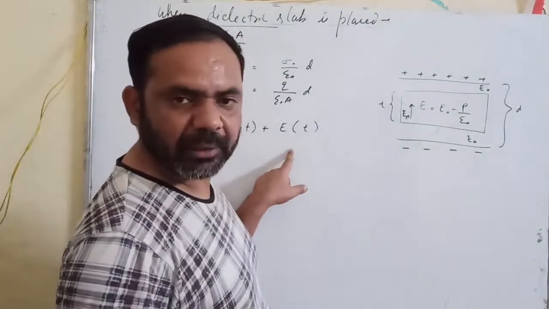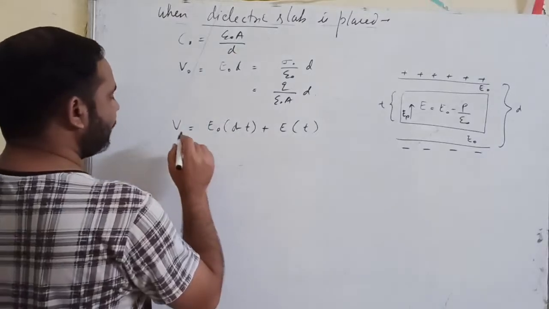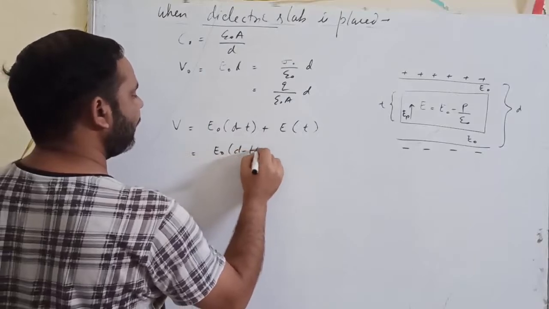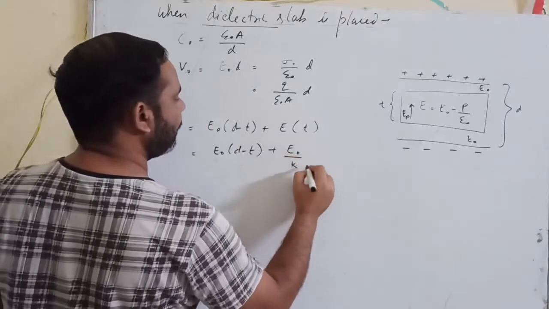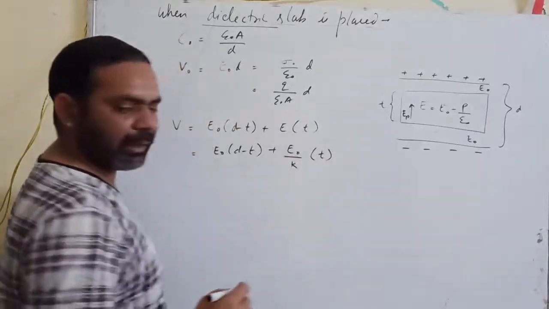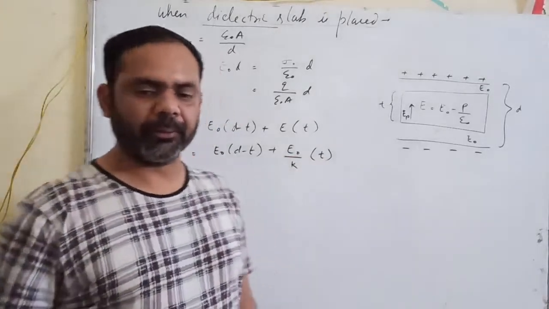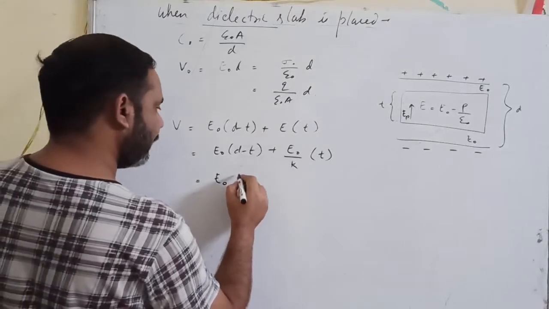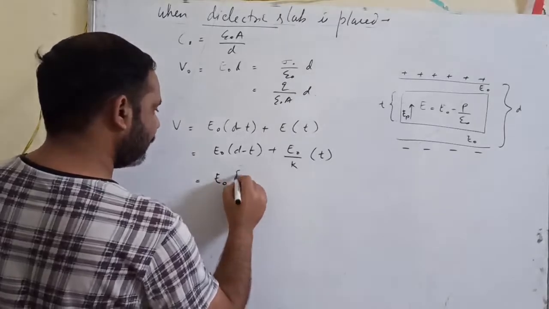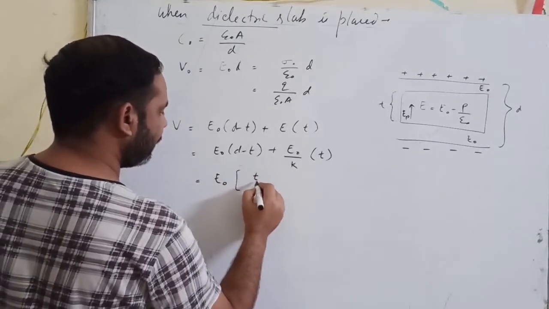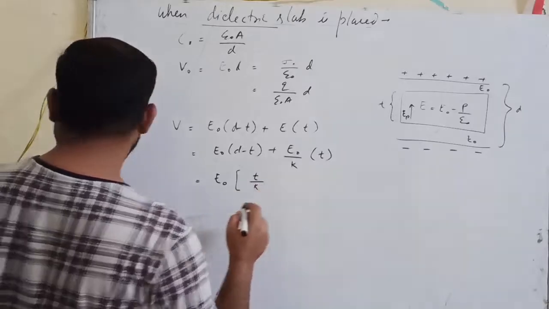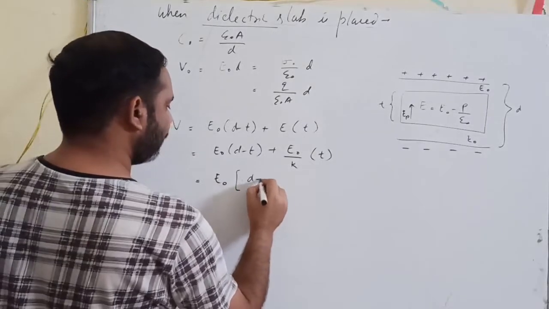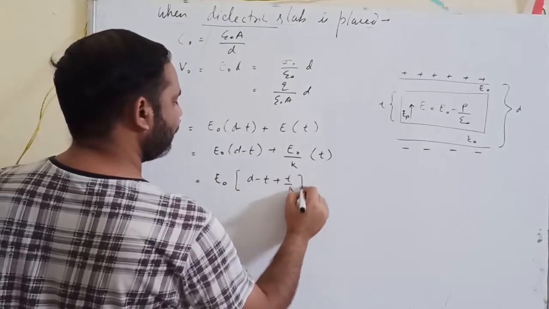You can write this as E naught (d minus t) plus E naught upon K into t. Now take E naught common, and it will be equal to d minus t plus t upon K.